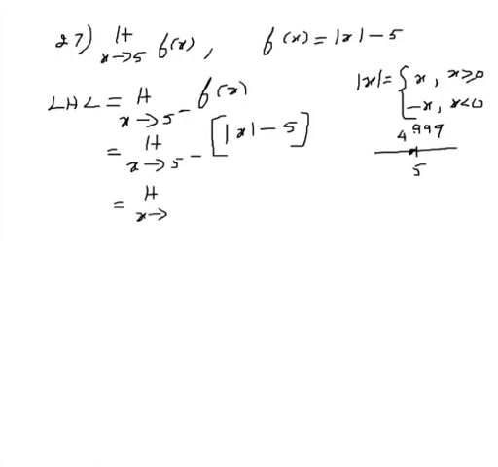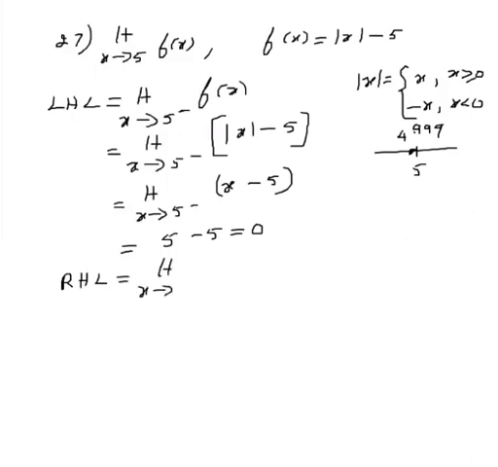All values on the left side of 5, which are very close to 5, will be positive. I can write it as x minus 5. And it is a polynomial. Again, I am repeating, polynomials are defined for all real values. We can directly substitute the limit value. Whether it is 5 minus or 5 plus, directly we can substitute 5. So 5 minus 5 is 0. So LHL is 0.